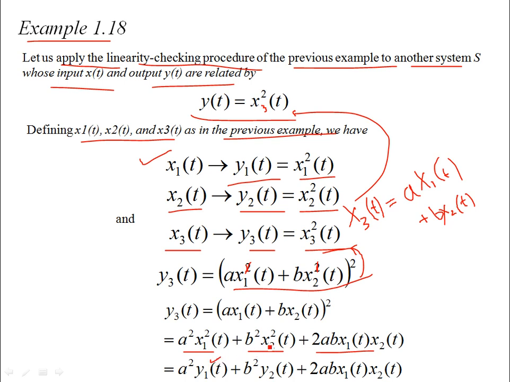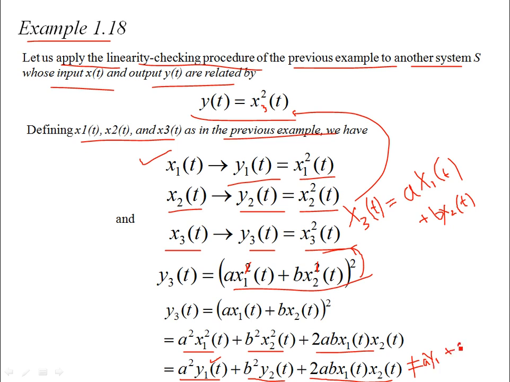Similarly, due to x2 you had an output y2, so you can write this as b squared y2. And then this third term occurs, which means this is not equal to the linear combination of a y1 plus b y2.